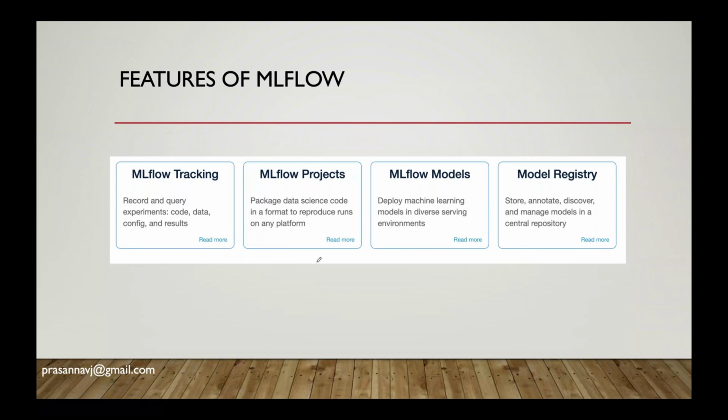And MLflow Projects help you format and reproduce your runs on any platform. In the sense that the machine learning engineers or data scientists develop their applications or models locally, and as part of their production life cycle they want to take that to production, with a multitude of services available.